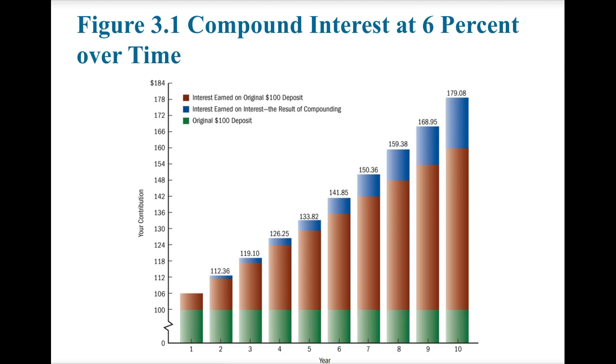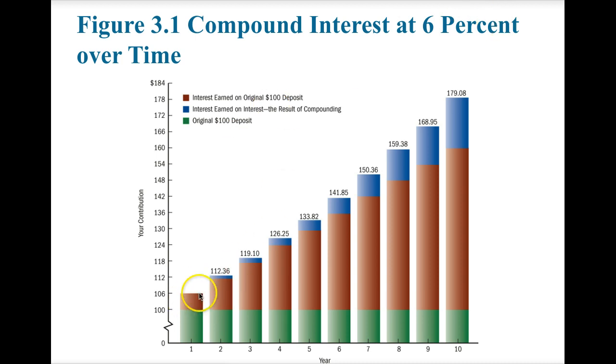Now, here's some compounded interest over time. If we look at the red area here, this is the interest earned on a $100 deposit. The blue area is the interest earned on interest, and the green area is the original $100. Here, if we're earning $6, it's a 6% rate of interest.